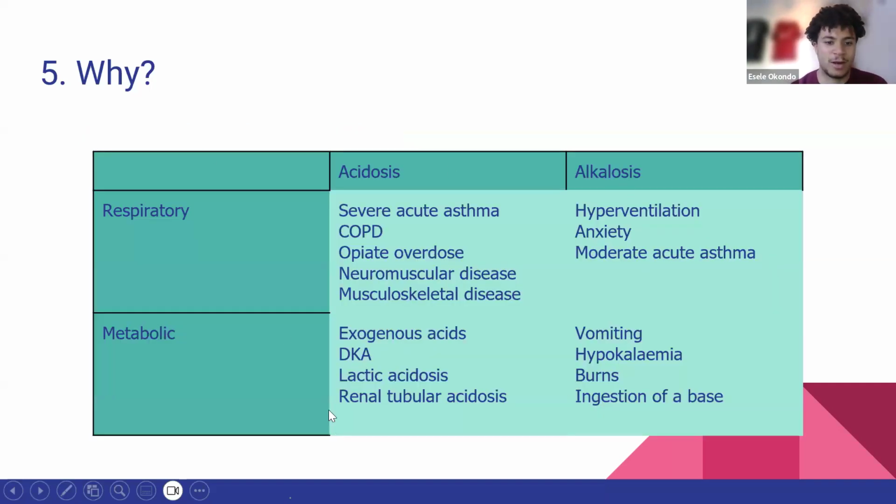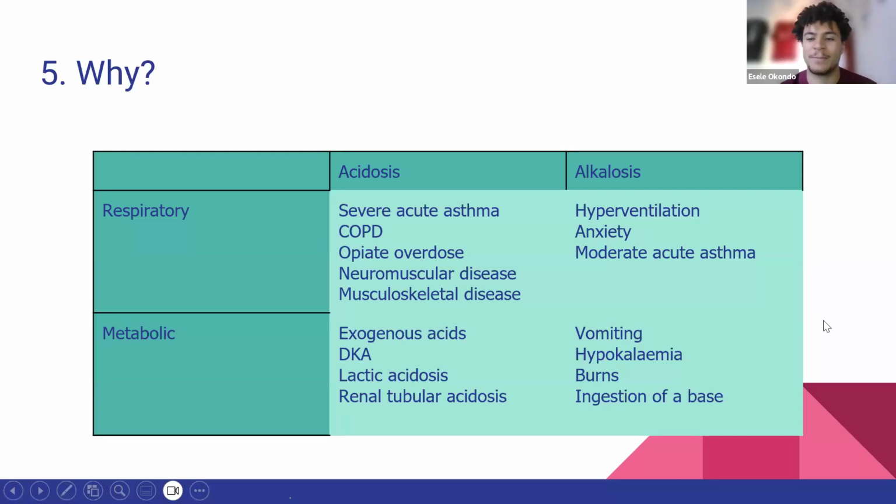And here is a graph summarizing your causes of respiratory acidosis, alkalosis, metabolic acidosis, alkalosis. So again, in terms of questions that I can remember last year, your most important metabolic acidosis, either exogenous acids like a lactic acidosis or a DKA.